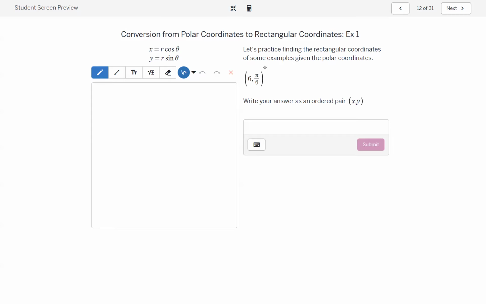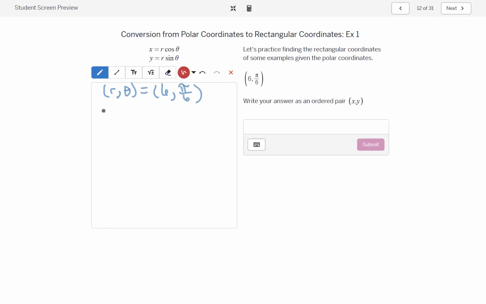Here, we're going to assume it's polar because they are saying write your answer as an ordered pair x comma y. So we're going to assume 6 comma pi over 6 is a polar point, but that means it's an r theta point. So that's one of the first things I like to do, just to make sure I remember how those numbers are being labeled. I write it down. R comma theta is 6 comma pi over 6.